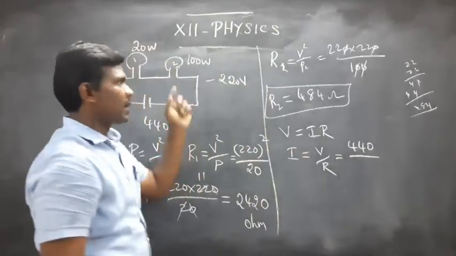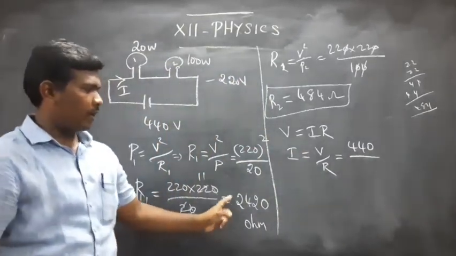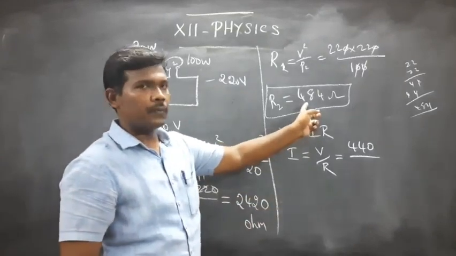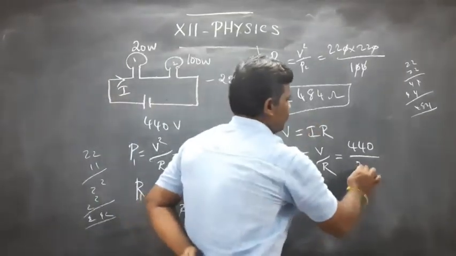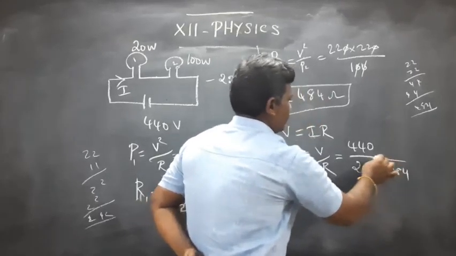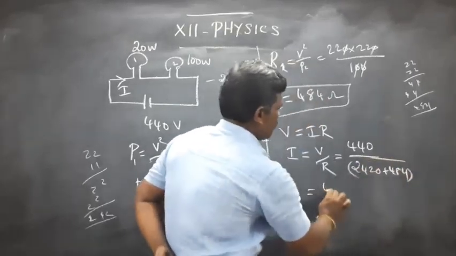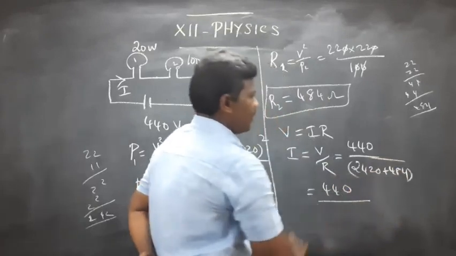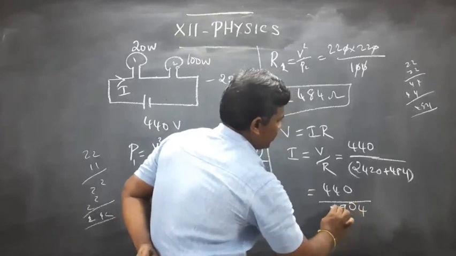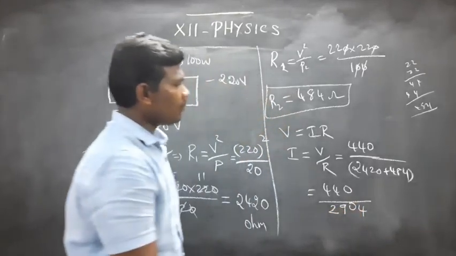The two bulbs are connected in series, so we are going to add these two values: 2420 plus 484. So 440 divided by 2904.